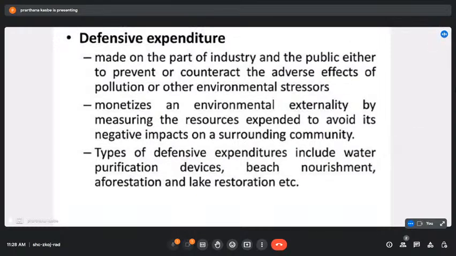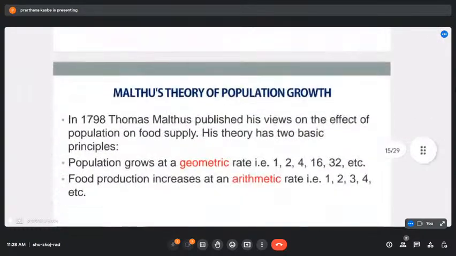The types of defensive expenditure include water purification devices, beach nourishment, afforestation, and lake restoration, etc.